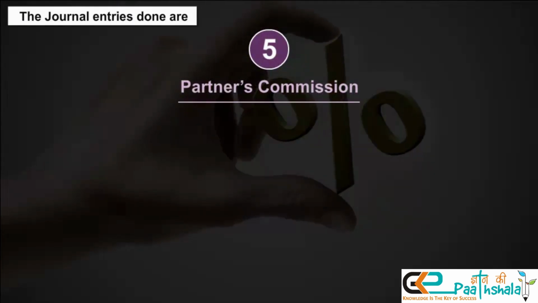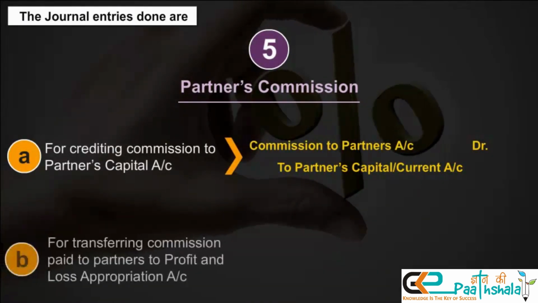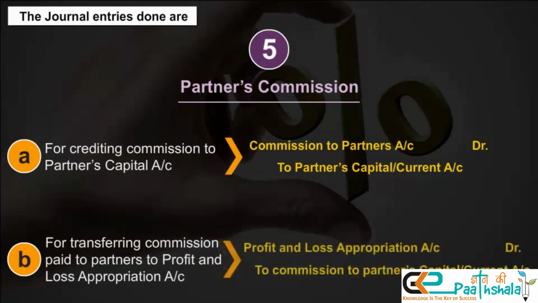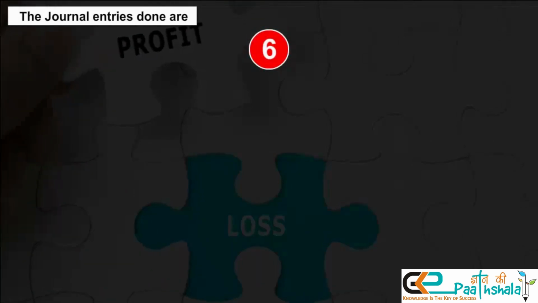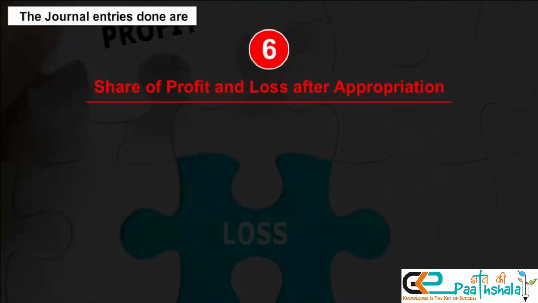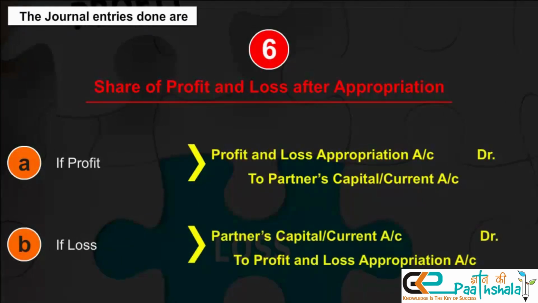Partner's commission. A. For crediting commission to partner's capital account. B. For transferring commission paid to partners to profit and loss appropriation account. 6. Share of profit and loss after appropriation. A. If profit. B. If loss.